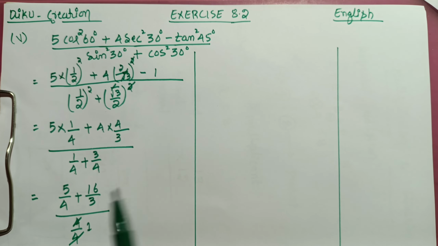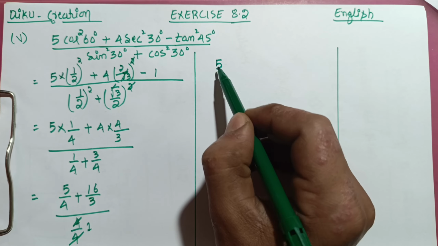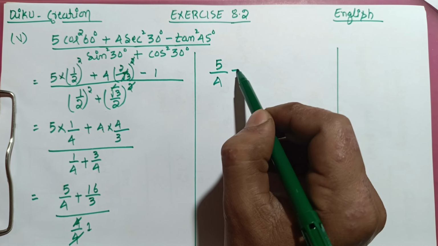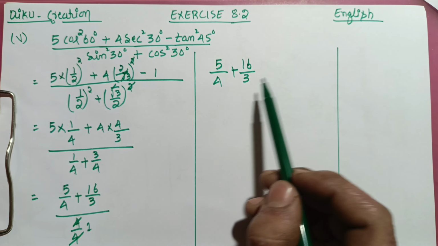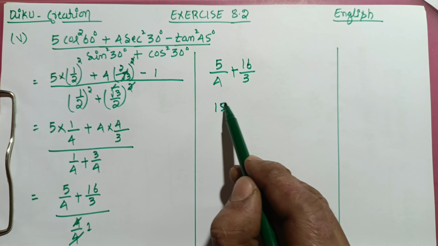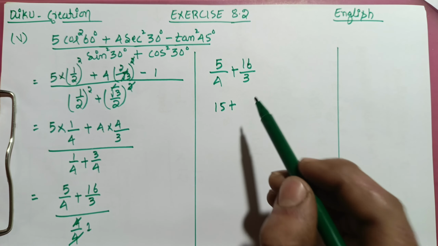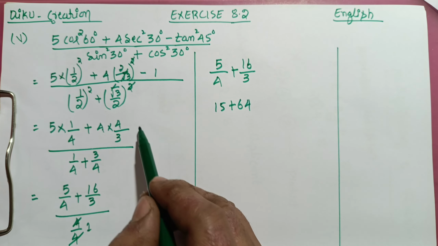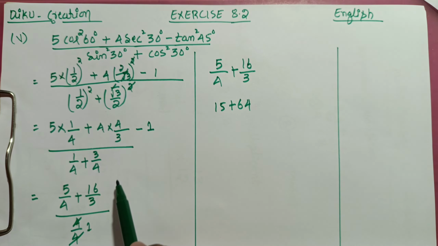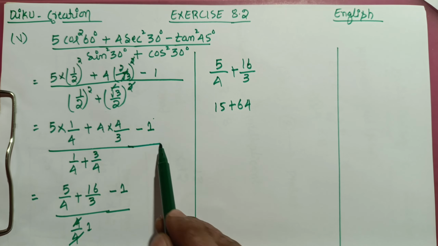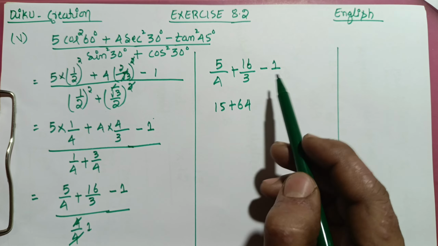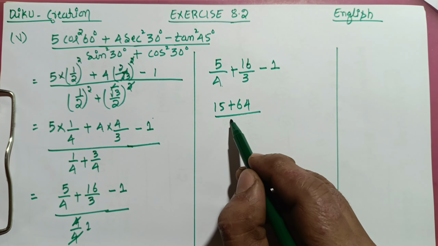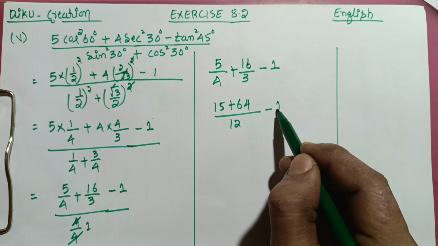Now we need to simplify only the numerator. We'll write the numerator here, 5 divided by 4 plus 16 by 3. Take the LCM or cross multiply. 5 3s are 15 plus 16 4s are 64. Here there is minus 1, continue with the same minus 1, divided by 4 3s are 12 minus 1.